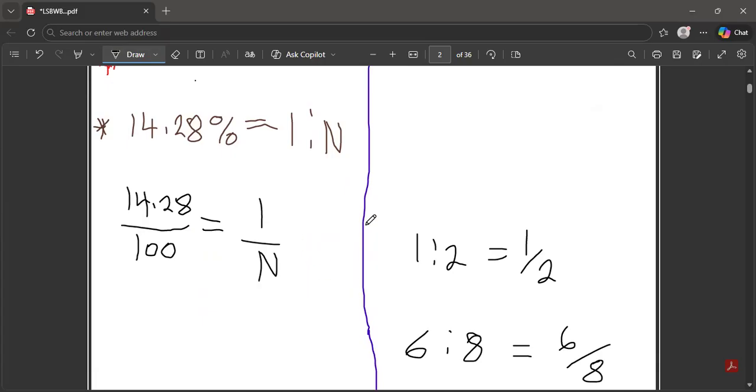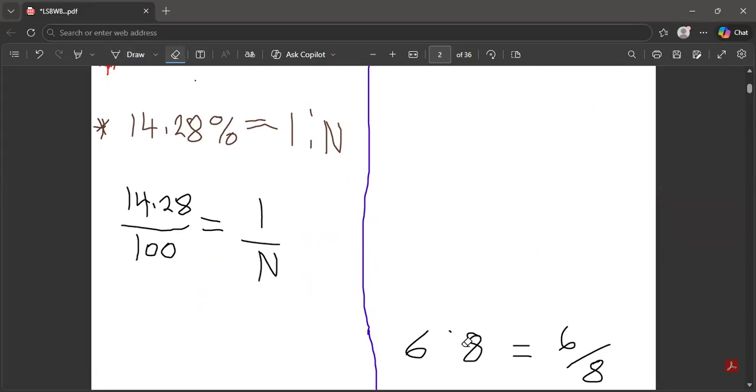From whatever we learned in the previous lectures, you realize that whenever we meet something like this, you are supposed to do cross multiplication. So 1 is going to multiply the 100, and n is going to multiply 14.28. At the end of the day, we have to make n the subject and look for n.